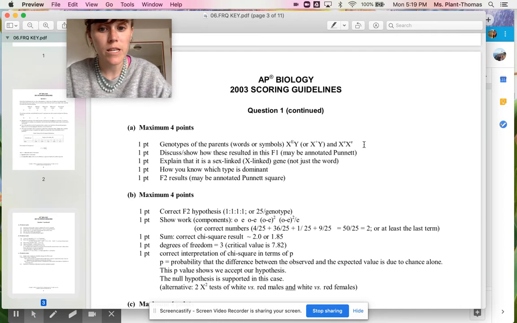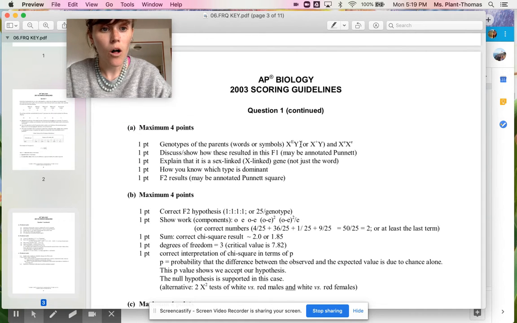And the reason for this is, if we put this into a Punnett square, what we would see is that all of the females are going to be getting the big E from their dad, whereas all of the males are going to be getting the Y from their dad.